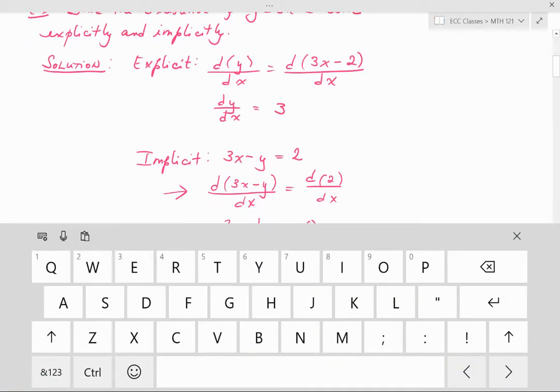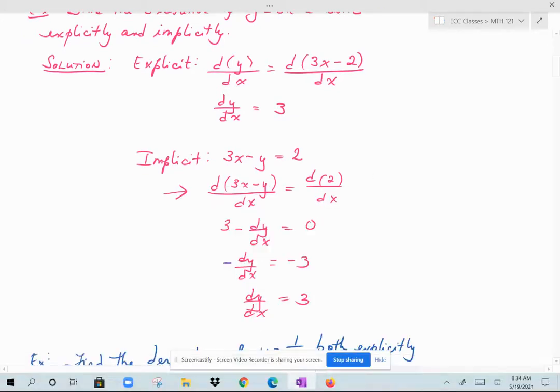And the derivative of 2 with respect to x is 0. So if I solve this for dy/dx, that means I subtract the 3 over to the right, and then multiply both sides by -1, and you get the same answer that we got above. dy/dx is equal to 3, so we get the same answer whether we take our derivative implicitly or explicitly.